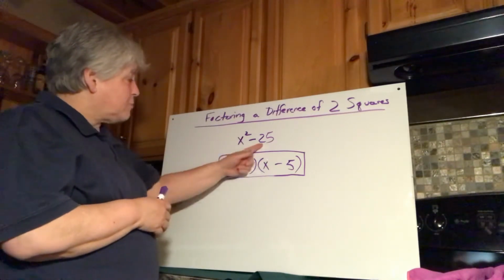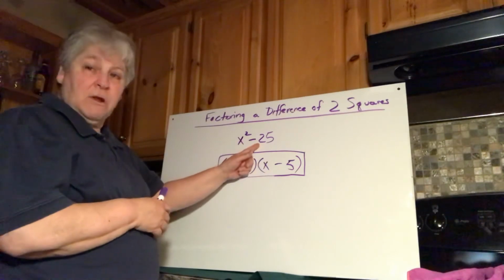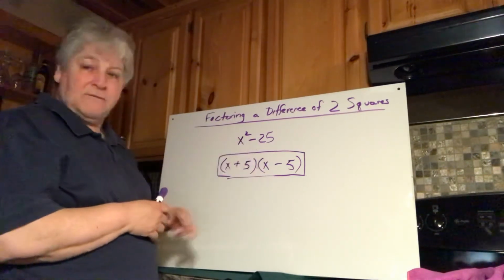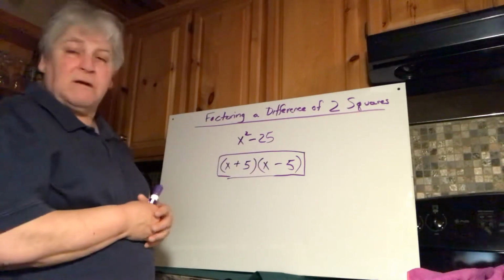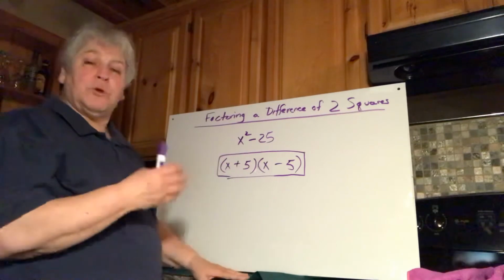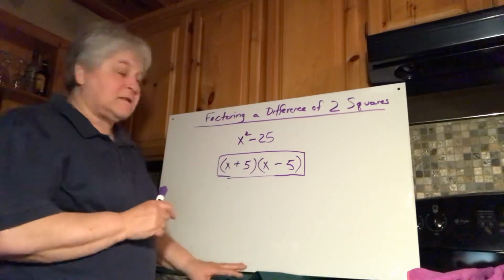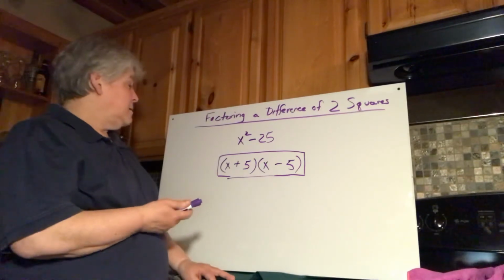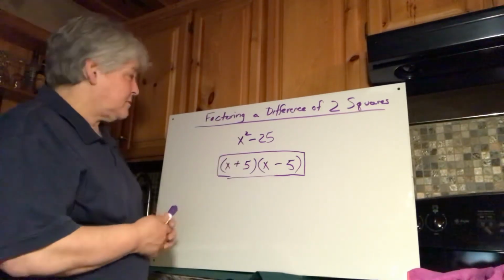Do you see x's in both terms here? No. Do you see a number that goes into 1 and 25 evenly, other than 1 itself? No. So this is not a problem you could have factored using yesterday's technique, which is why we needed a new technique in general. Let's try another couple of these.